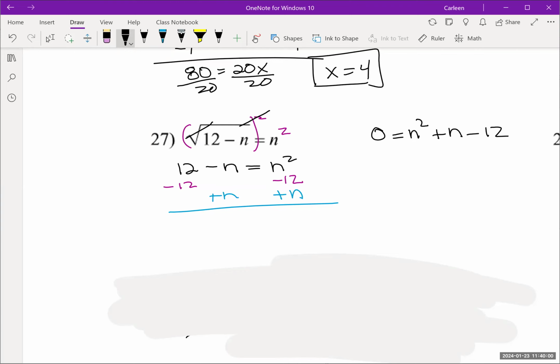Okay. Uh-oh, we have a quadratic that we need to solve. We're gonna factor, split, and solve. Yeah, invisible 1 right there. Two numbers that multiply to get negative 12 and add to get 1. Positive 4, negative 3. And plus 4 and minus 3.